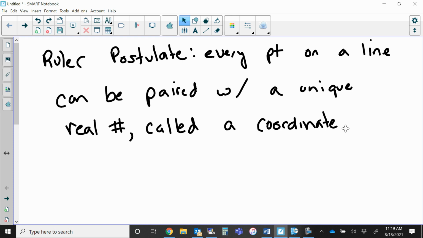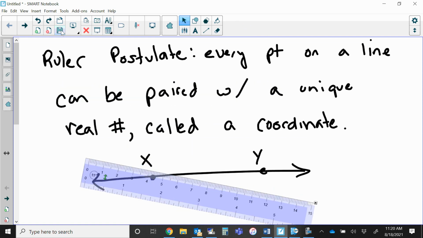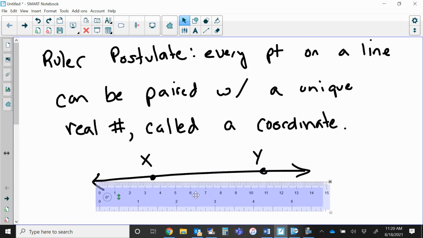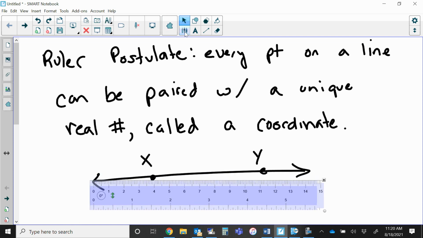That is just kind of a fancy way of saying if I had a number line and I put X and I put Y on there, and I had this ruler, do you see how X is right by, like, so we'll call this 4.